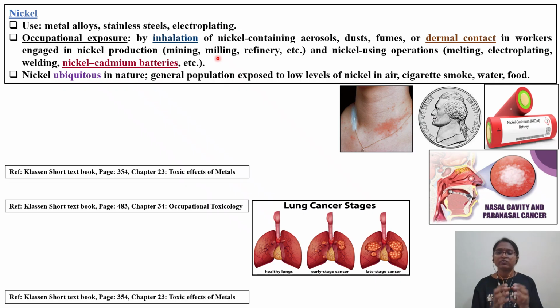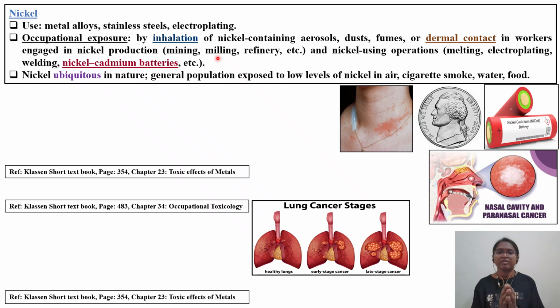Nickel is also a part of nickel cadmium batteries, so that is another source of dermal exposure. Since nickel is ubiquitous in nature, it is found in various salt forms.